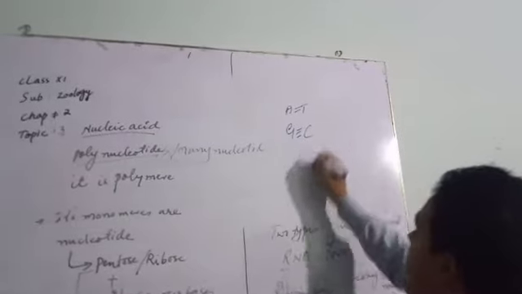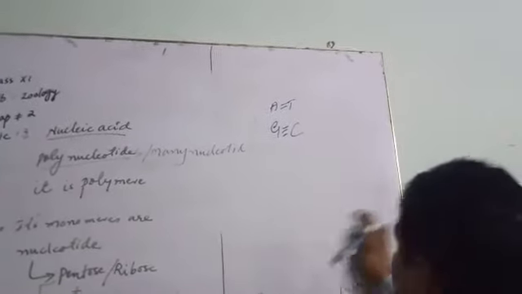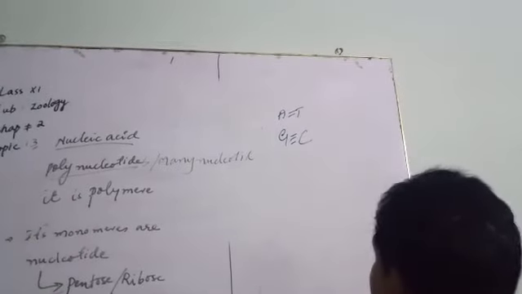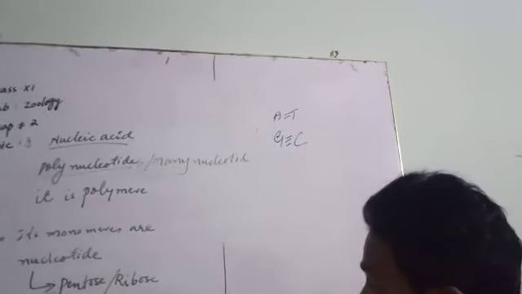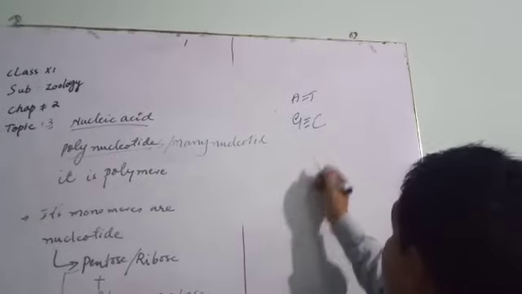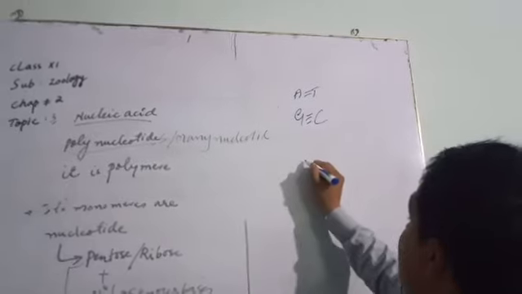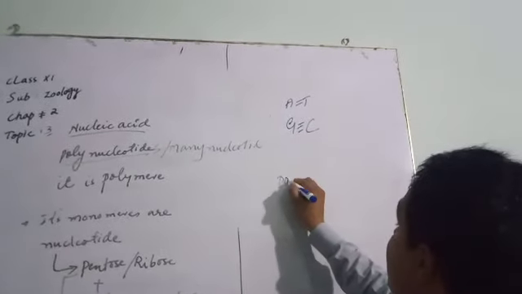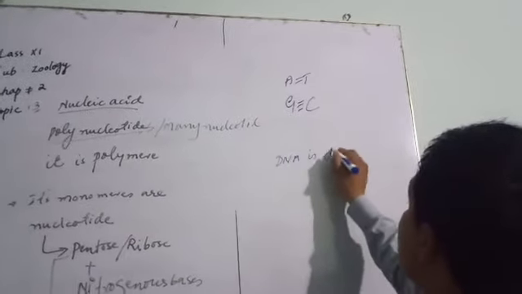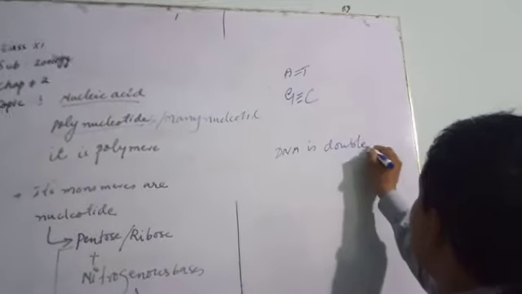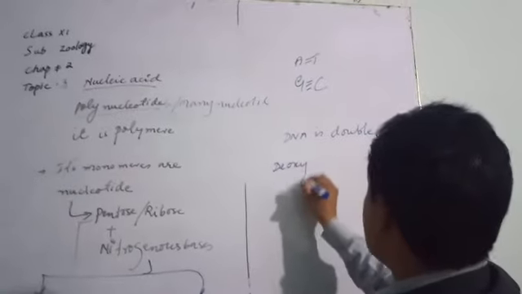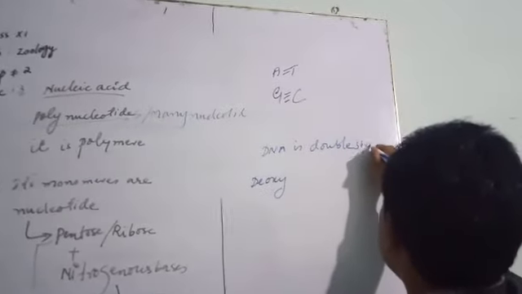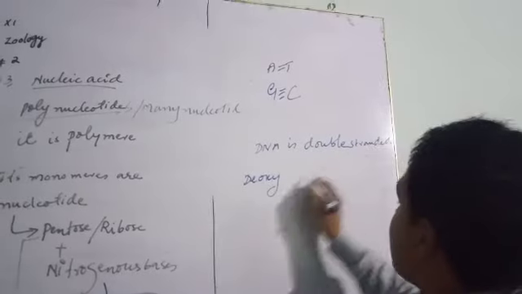How do these nitrogenous bases join together in the DNA? DNA is double stranded.